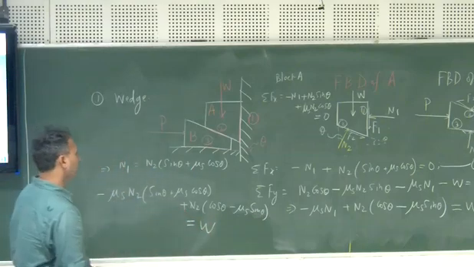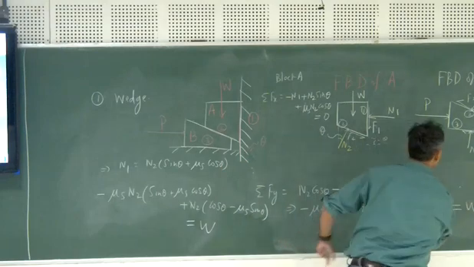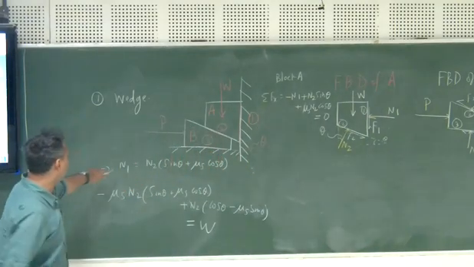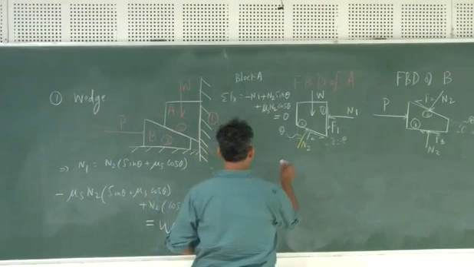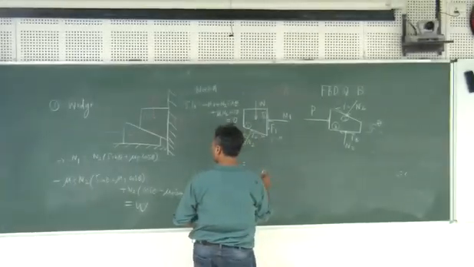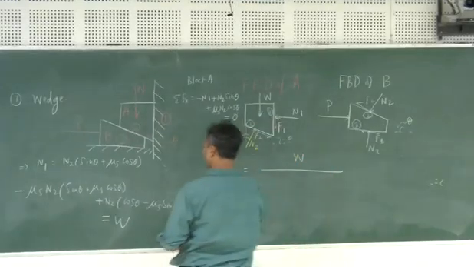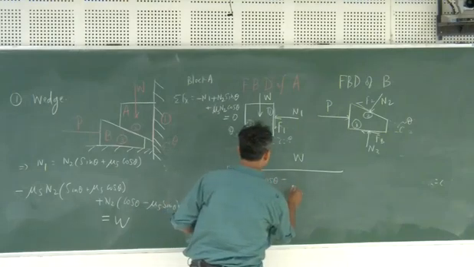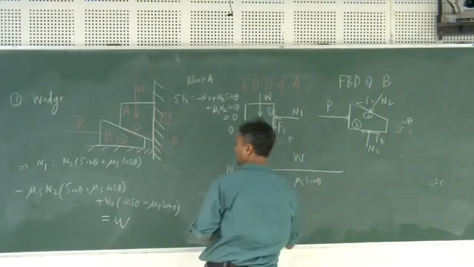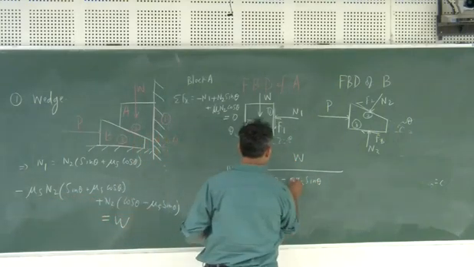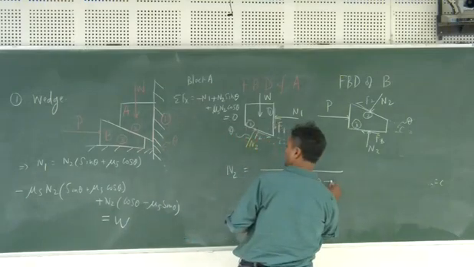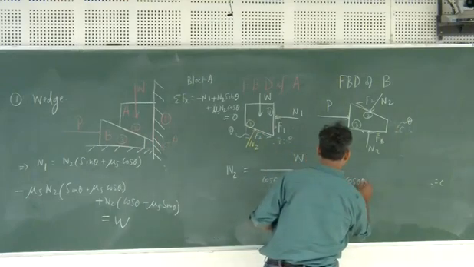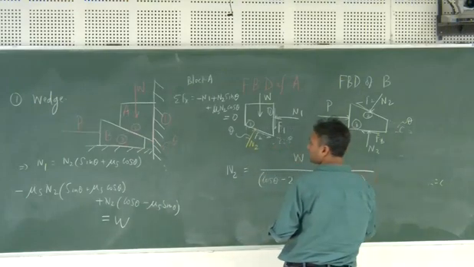So what will be your N2 over here using these equations? N1 is this, N2 can be written as W by cos theta minus mu s sin theta, and one minus will come from here again, so this will become plus sin theta, and then minus mu s square cos theta.